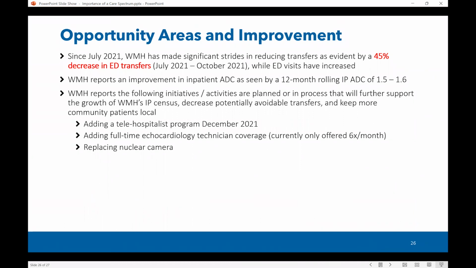So they've seen a really nice increase there by adding the telehospitalist program. They added full-time echo tech coverage, and then they replaced a nuclear camera, as they had found with their transfers that these were some of the reasons their patients had to be transferred out.